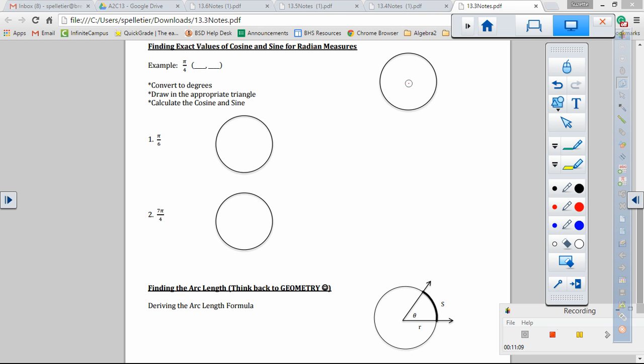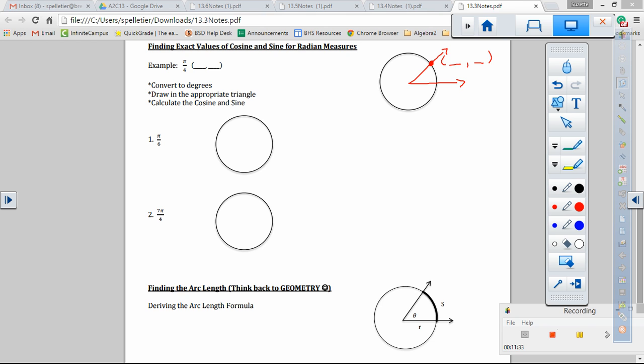In other words, on my circle, I want to know what this is. My angle is pi over 4, and I want to know what this cosine and sine is. This is what I'm looking for. But I need to know how many degrees this angle is so that I can calculate it, so I can find the exact cosine and sine measure.